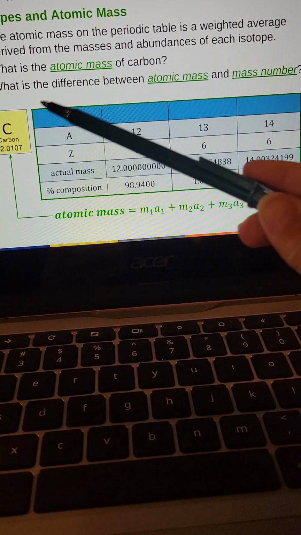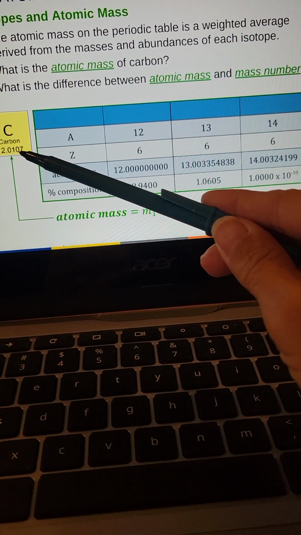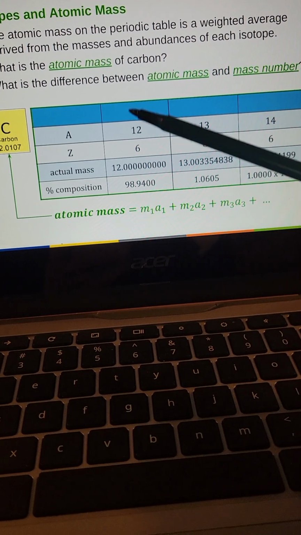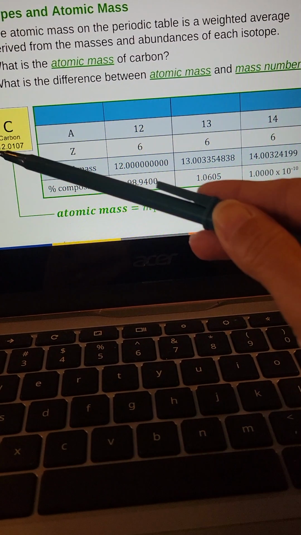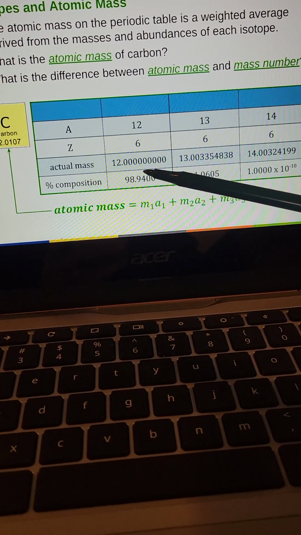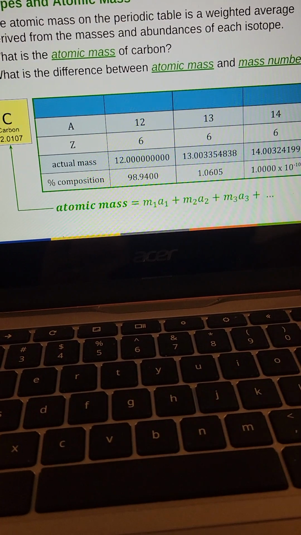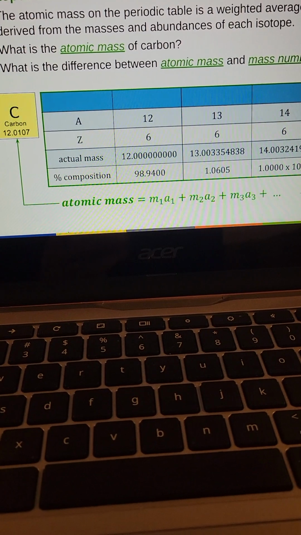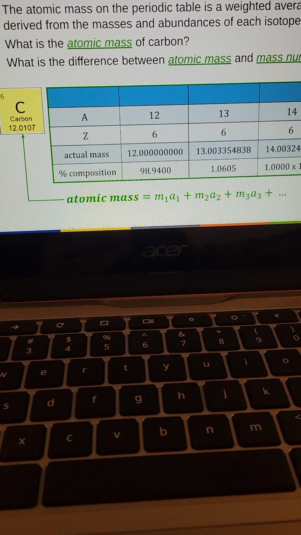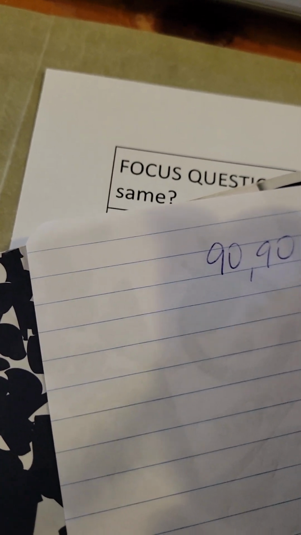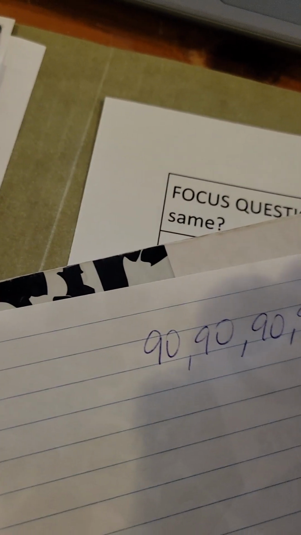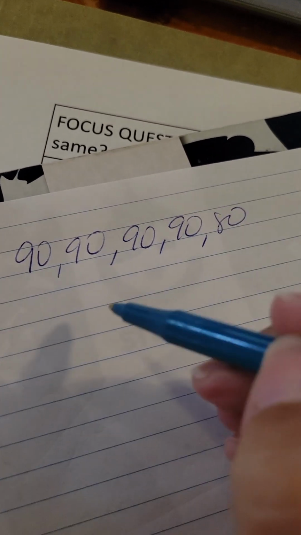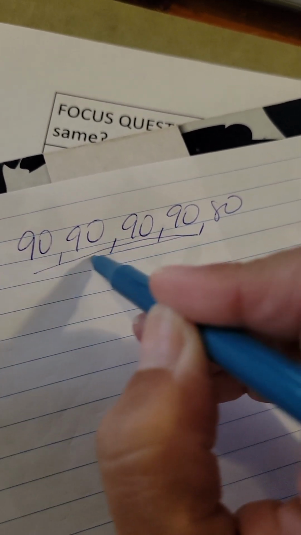Okay, so this atomic mass is the weighted average of all of the different isotopes. And by weighted, we mean if it's mostly going to be carbon 12, then that's what it's going to be closest to. Last year we used the example that if you took tests and you had 4 90s and then you had an 80, you would expect that your average would be closer to 90 because there were 4 of them.